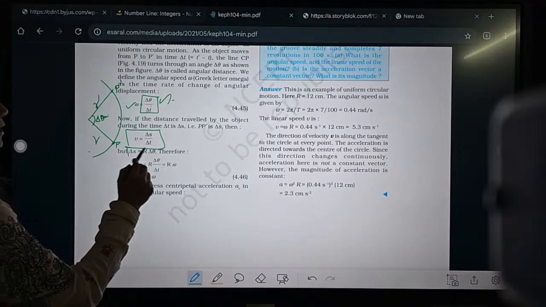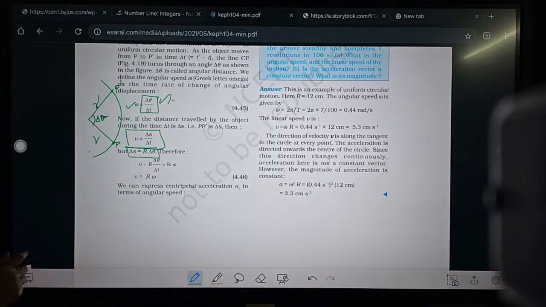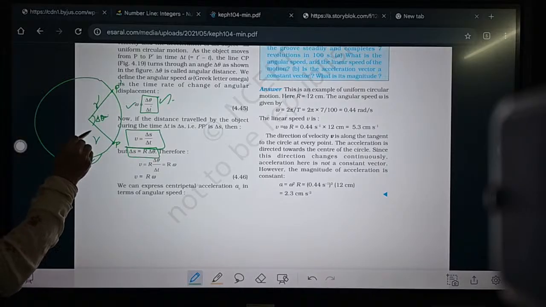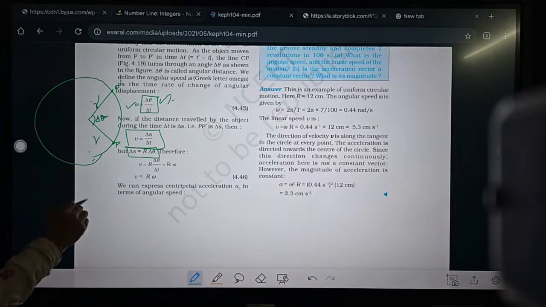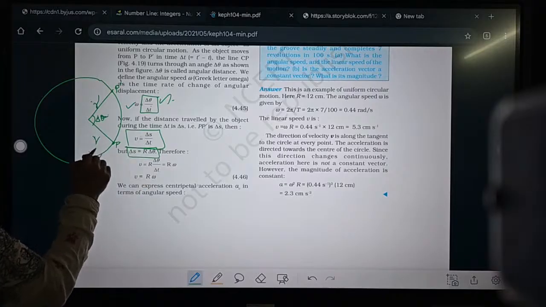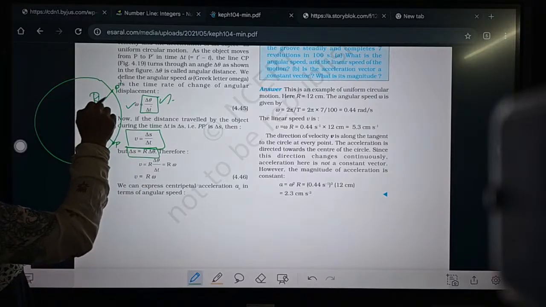What is delta S here? If the particle completes circular motion, then r prime will be r only, the radius of the circle. So this is also r, this also r.